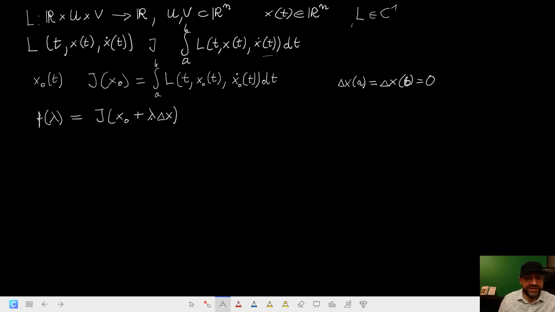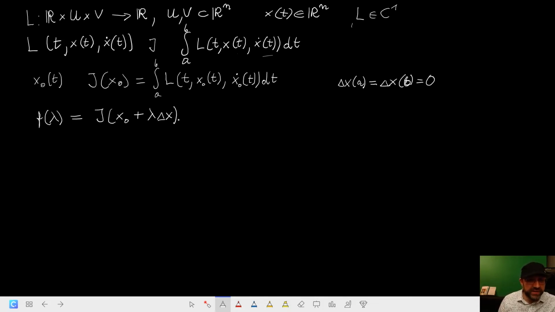But now, if lambda converges to 0, this trajectory will converge to trajectory x0 in whatever good sense of convergence we take. Because the interval AB is compact, I really think it will be a very good convergence, probably uniform convergence, but I will not prove it now.